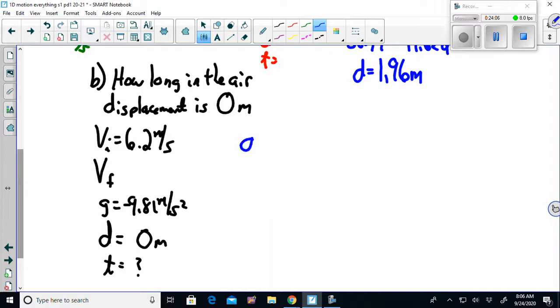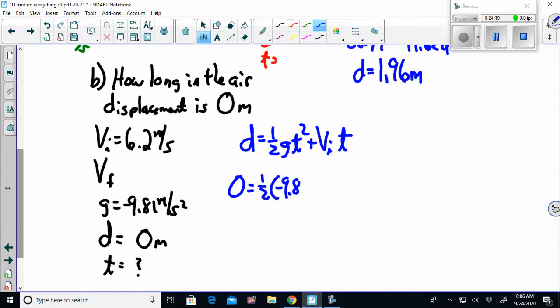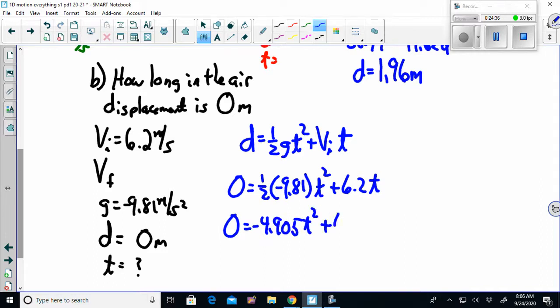You will eventually, maybe. d equals 1/2 g t squared plus Vi t. 0 equals 1/2 times negative 9.81 t squared plus 6.2 t. Uh-oh. What kind of equation is that?